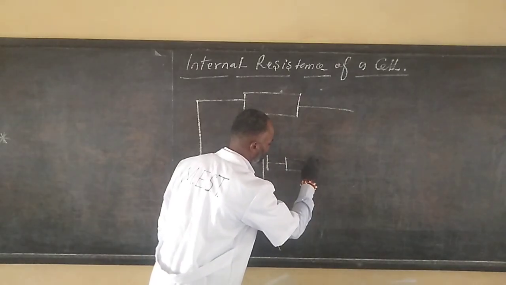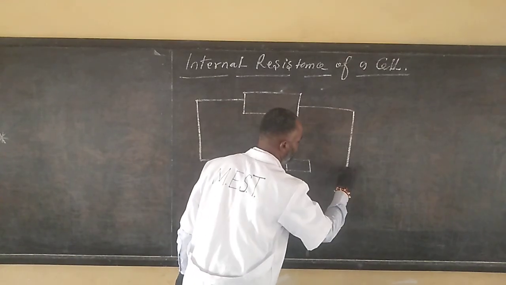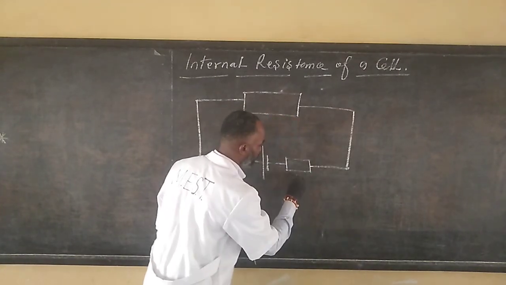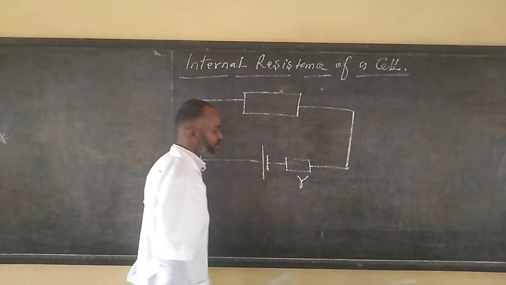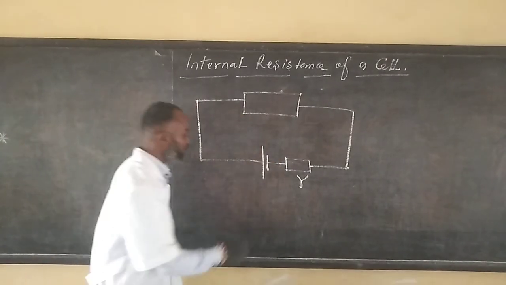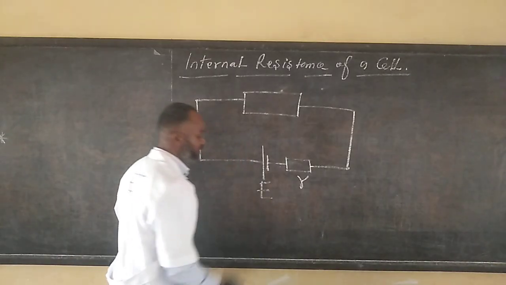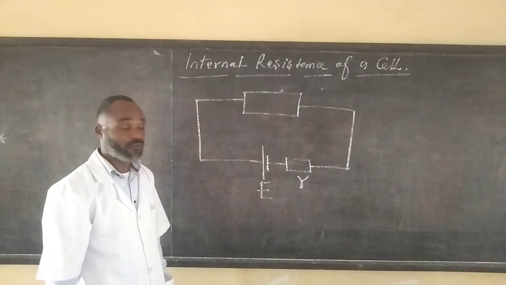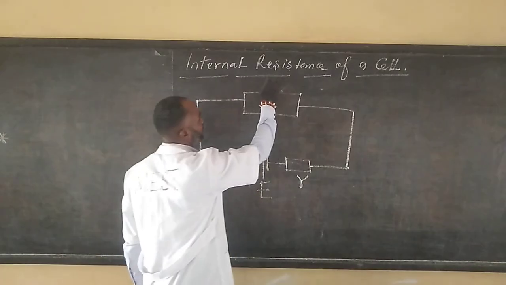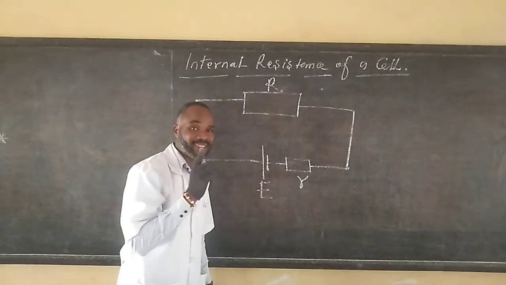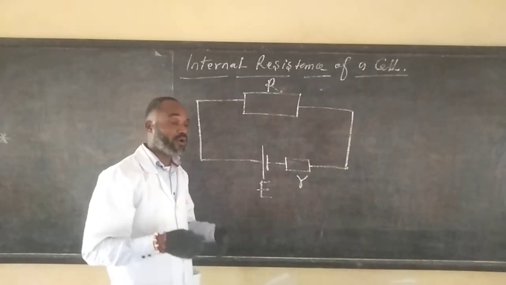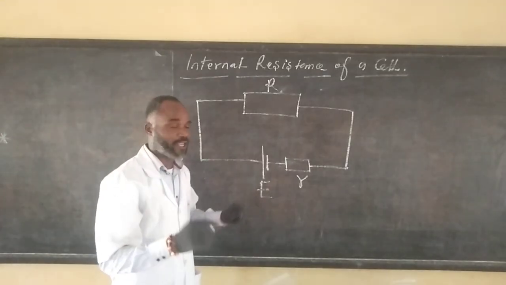This represents the internal resistance of the cell. We use small r to represent the internal resistance of the cell. E represents the cell itself, that's the energy source, EMF, electromotive force. And then R, capital R, represents external resistance or external load, so to say.